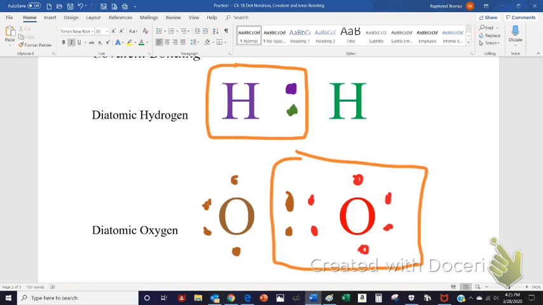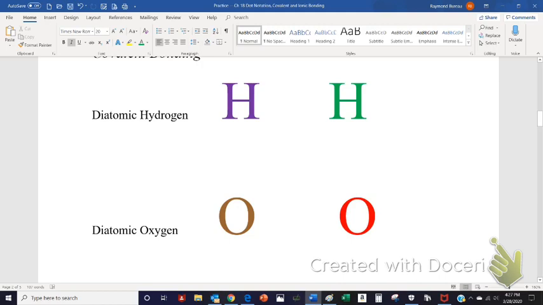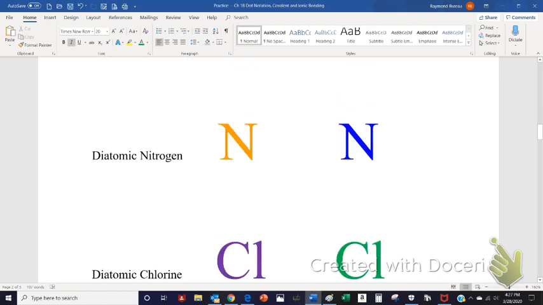So let's clear this off. If I hit the correct button, there we go. And we'll scroll on down to the diatomic nitrogen, which might look a little bit tricky, but not as much as you think. All you have to do is count to 8. All right, so I'll start with the orange one. Nitrogen has 5 valence electrons, so it needs to borrow 3 more.